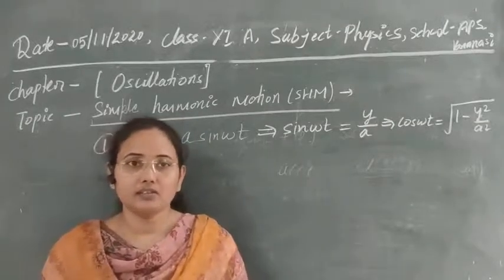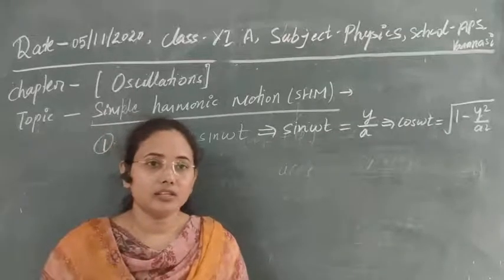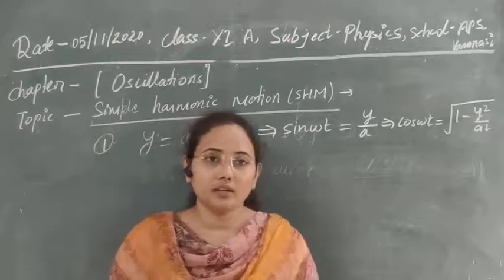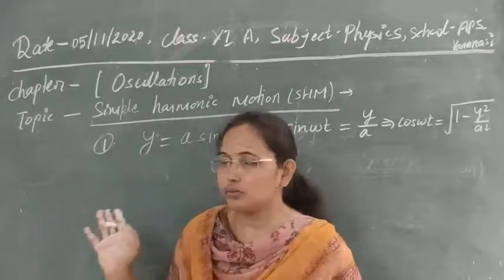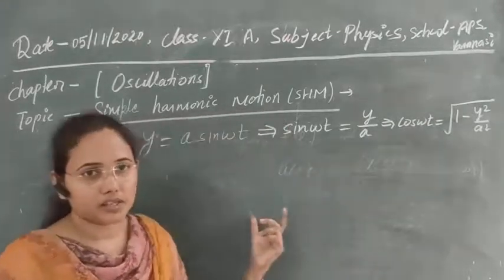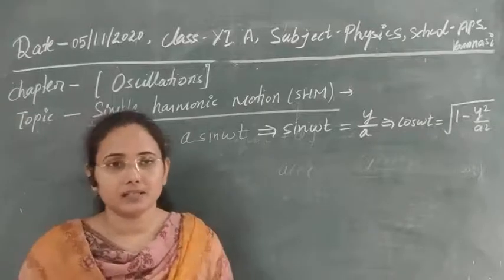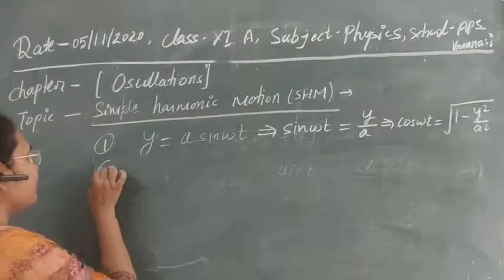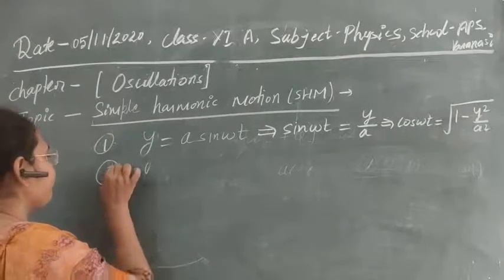Like in translation we obtained linear velocity and linear acceleration. In rotation we obtained angular velocity and angular acceleration. Like in this portion we have already calculated velocity and acceleration in simple harmonic motion. Also we can calculate the value of amplitude.